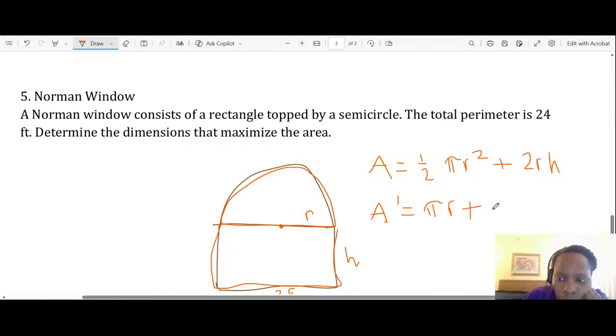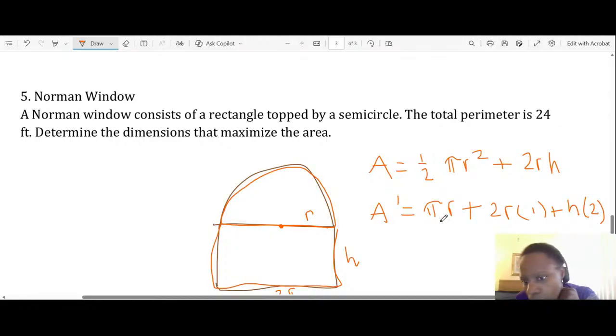Interesting. First times 0 second plus second times 0 first. So 2r times 1 plus h times 2. And then we are left with pi r plus 2r plus 2h.